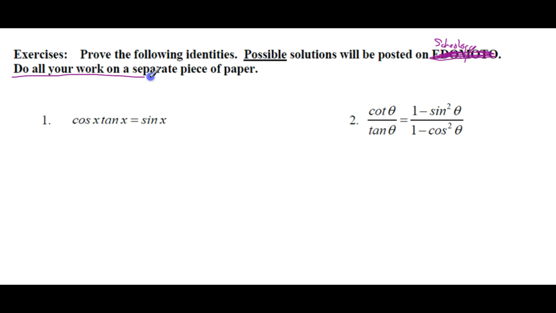There is no room here, so you must use many separate pieces of paper. Don't try and squeeze stuff in. Show your work. Use the space. State the restrictions. And we will give you possible solutions. There's more than one way to do these, so it's just possible solutions. And this is done.